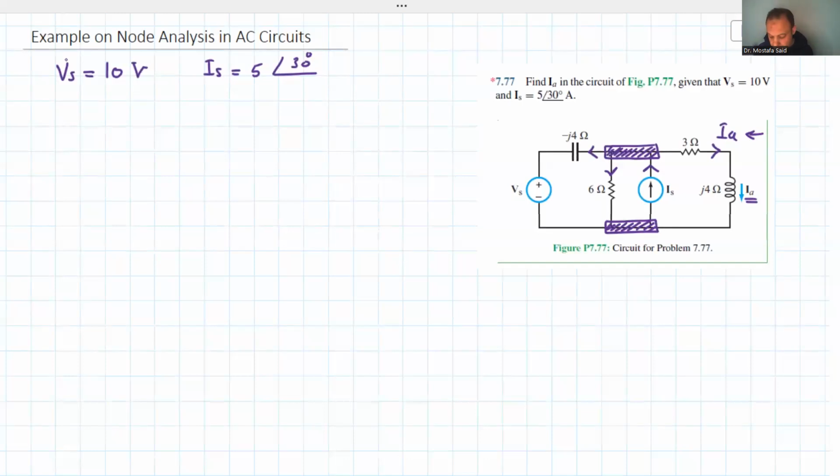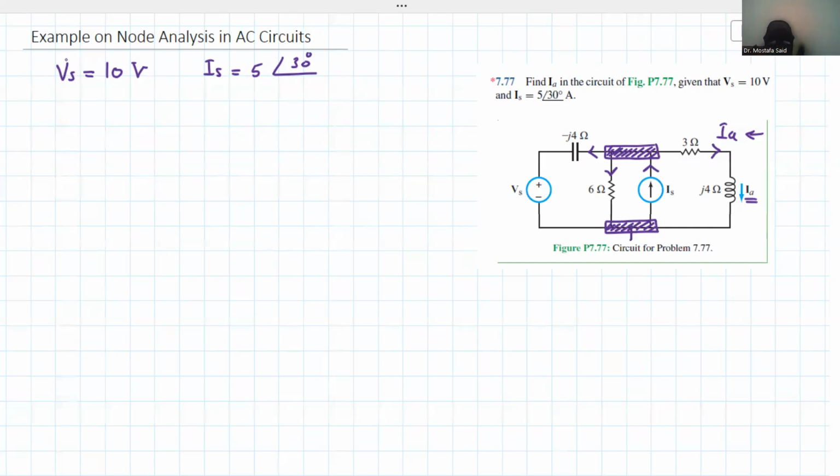As we learned with DC circuits, when we learn node analysis, we should choose one of them and make it ground. Actually, you should ground any circuit you have, and you can choose any node to be the ground. Here we have only 2 nodes, so we choose one of them. Usually we choose the one near the bottom, but it doesn't have to be so. You can even choose the one on the top.